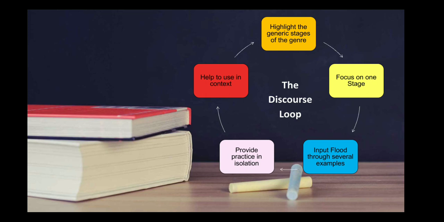So this is how you take them through one aspect at a time, give them practice with that aspect, then you go on to the next aspect. And this is how you teach them all the different stages of a particular text.